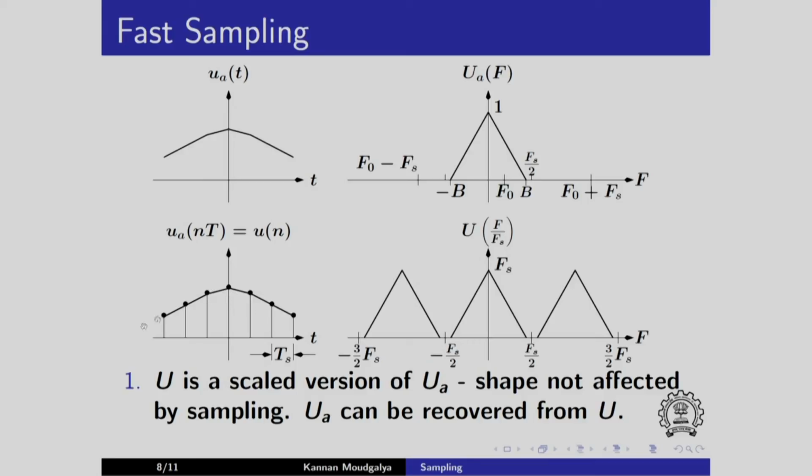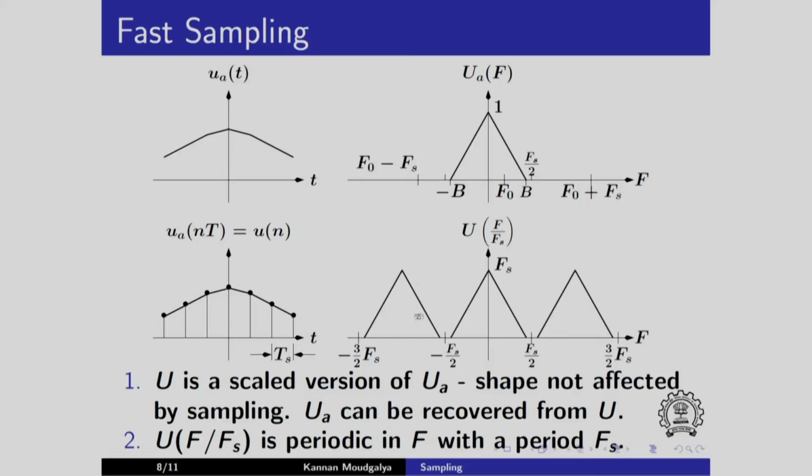So I measure these points, note them down, take Fourier transform, I get this, take out the central portion, scale it down by Fs, so I get this. Now I take inverse Fourier transform, I get this. So in reality we start from here, we go like this, we come back here. So we say that ua can be recovered from small u n.